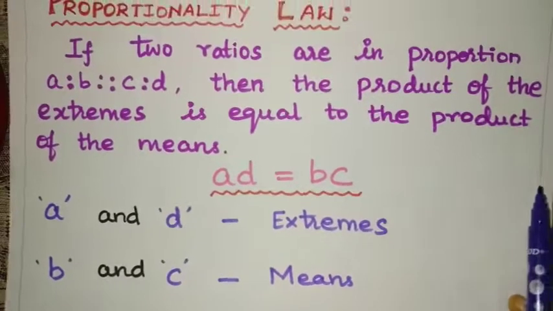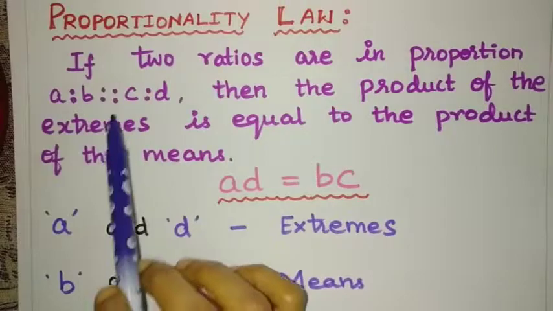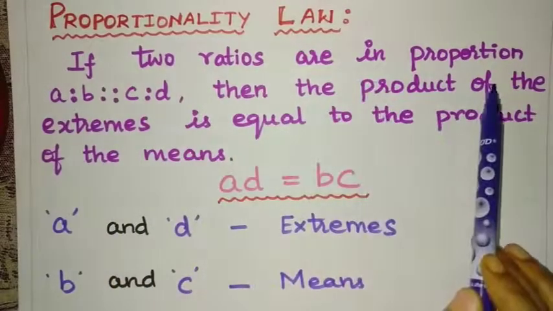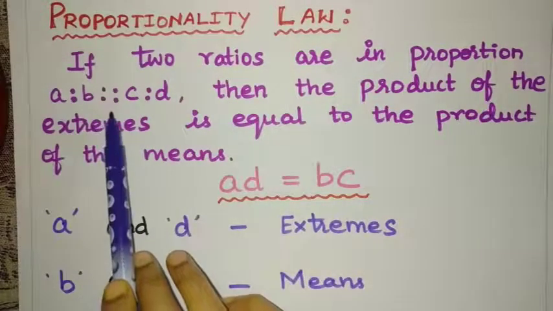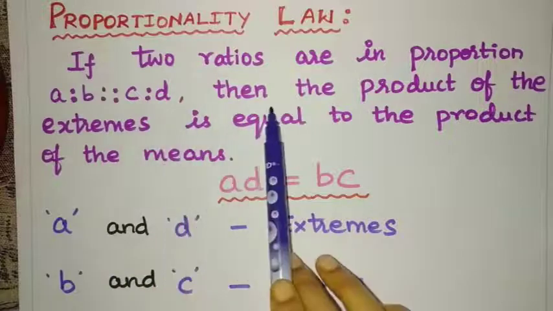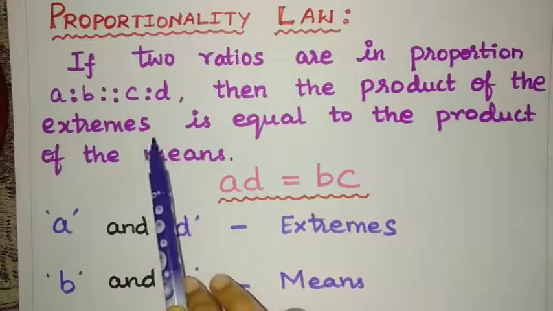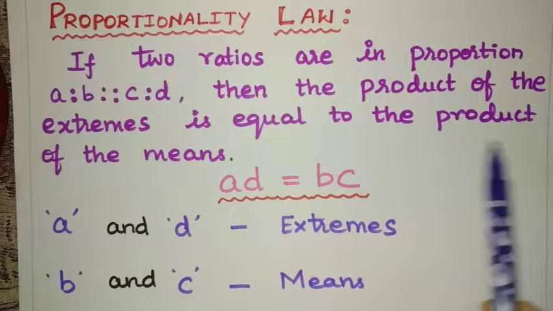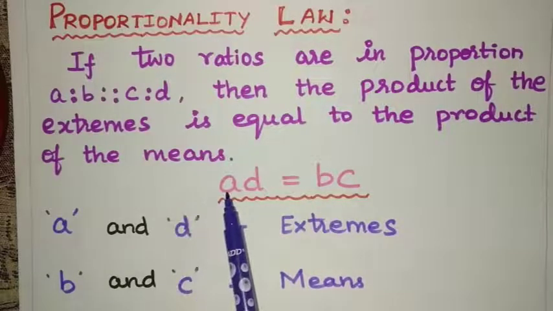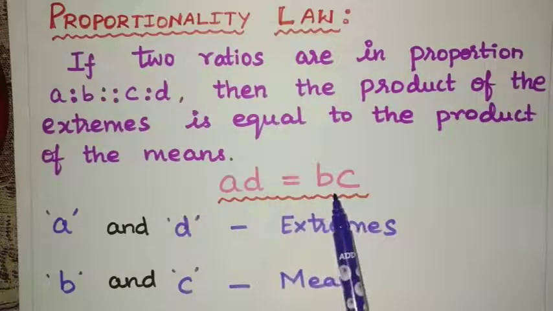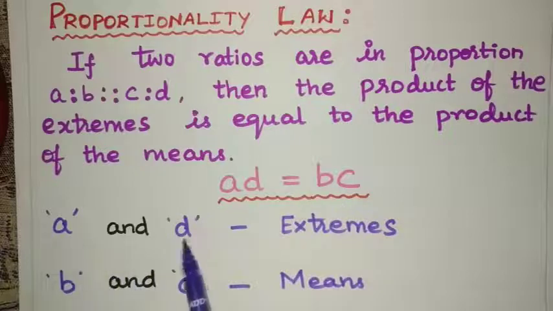What is proportionality law? If two ratios are in proportion, then the product of the extremes is equal to the product of the means, that is AD equal to BC, where A and D are called extremes, B and C are called means.